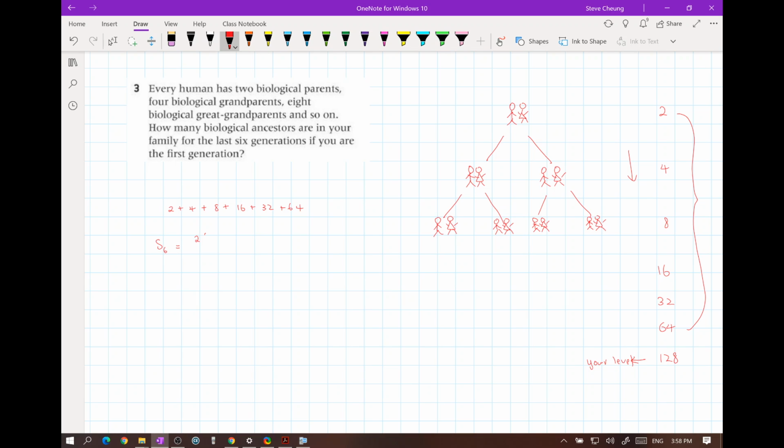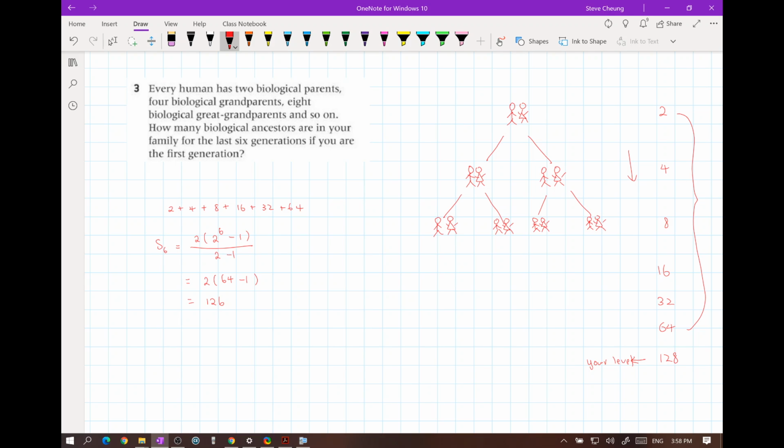So this is U1 times r to the power of n minus 1. This should be 62. Nope, something doesn't seem right. It's 64. So that's 126.